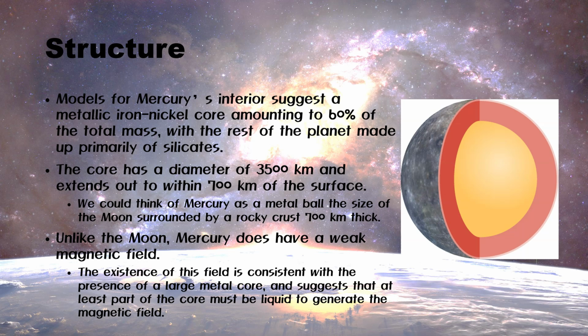And the existence of this magnetic field around Mercury is consistent with us knowing that there has to be a large metal core inside, suggesting that at least part of that core has to be liquid in order to generate the field. It's not solidified, it has a liquid piece to it, and remember that liquid shifts around, and that's what actually allows that magnetic field to spin and generate.